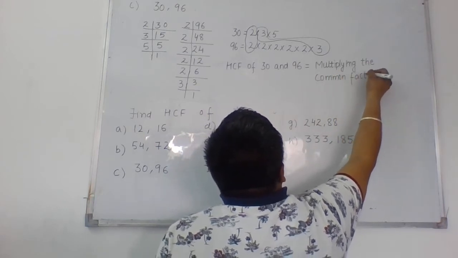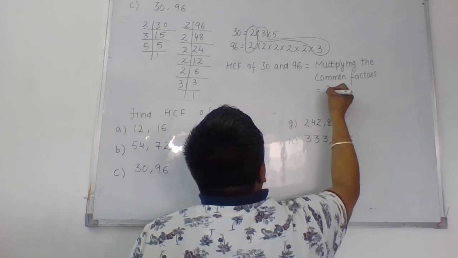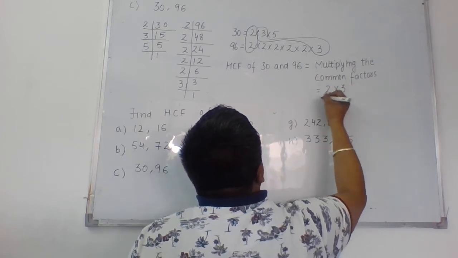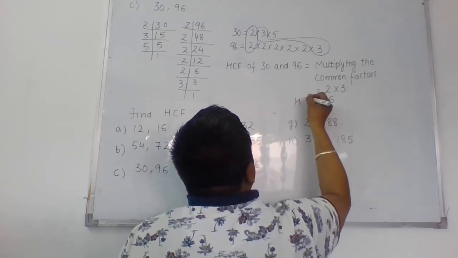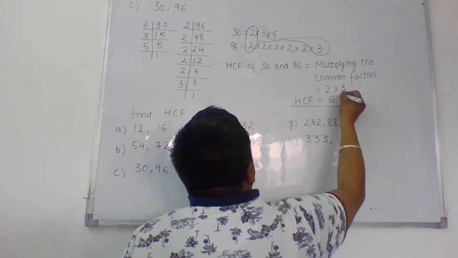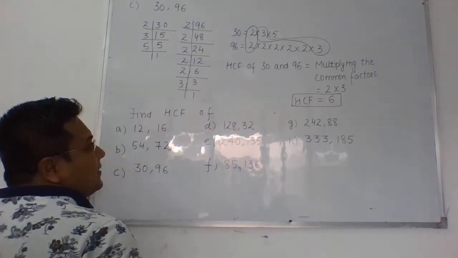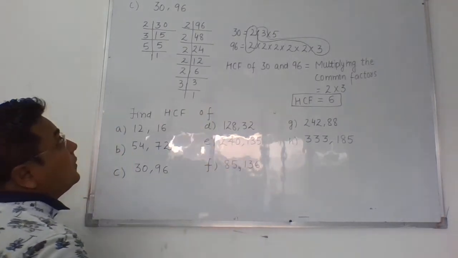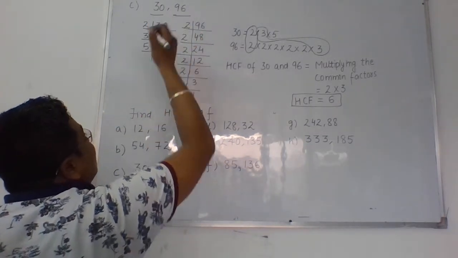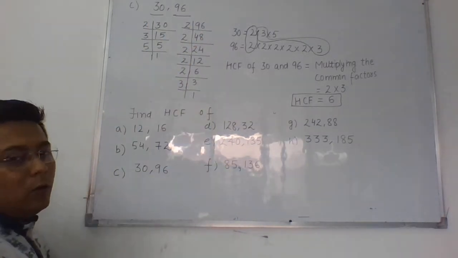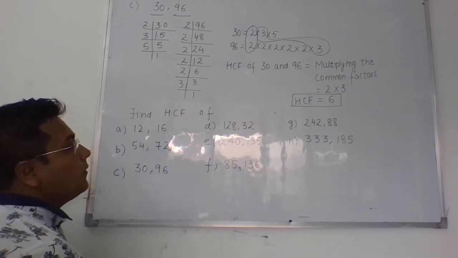And what were our common factors? That were 2 and 3. So we multiply 2 by 3. So our HCF is 6. So 6 is that largest number which divides 30 and 96 exactly without leaving any remainder.